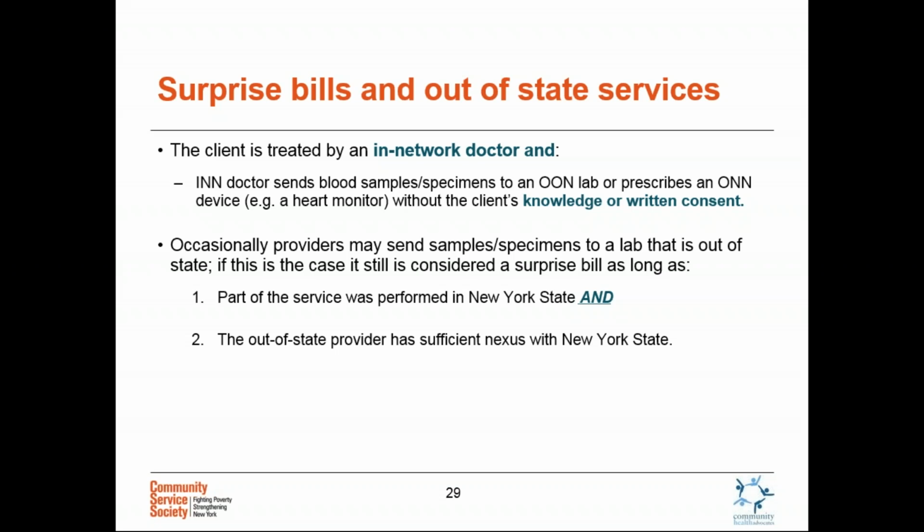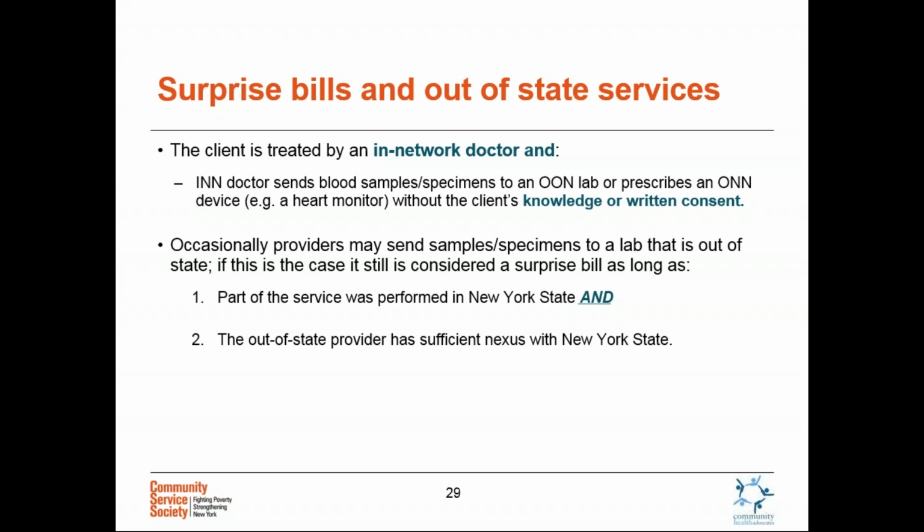Let's say that this Massachusetts lab is the same lab the doctor uses for every patient. In this example, the out-of-network, out-of-state lab bill would be a surprise bill because it meets the two-part test. Part of the service was performed in New York State. The actual drawing of the blood specimen happened in the New York doctor's office.